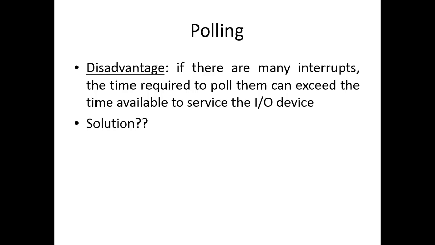So what can be the solution to this problem? In that case, we can use a hardware based method that does the same thing. That method is called the daisy chaining mechanism. So in the next lecture we'll see how to implement this daisy chaining mechanism using different hardware components so that the limitation of the polling method can be overcome.